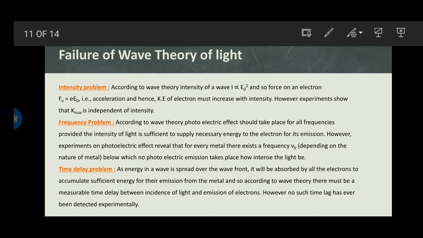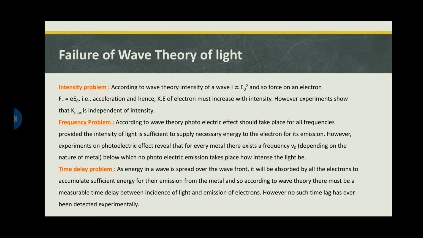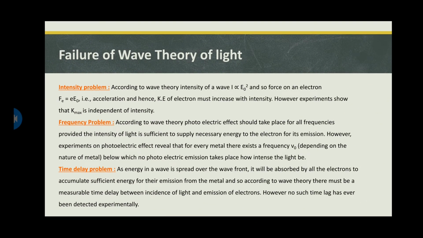Frequency problem. According to the wave theory, the photoelectric effect should take place for all frequencies, provided that the intensity of light is sufficient to supply the necessary energy to the electrons for their emission. However, experiments on the photoelectric effect reveal that every metal has a threshold frequency nu naught, depending on the nature of the metal, below which no photoelectric effect takes place, whatever the intensity of light.